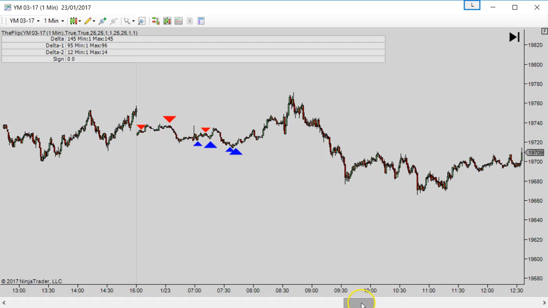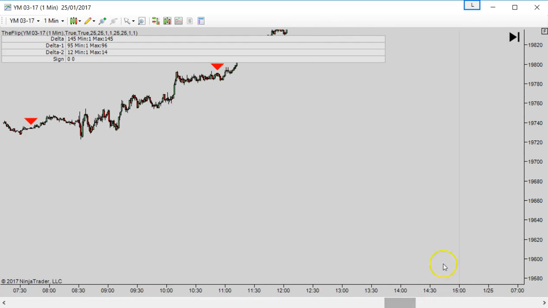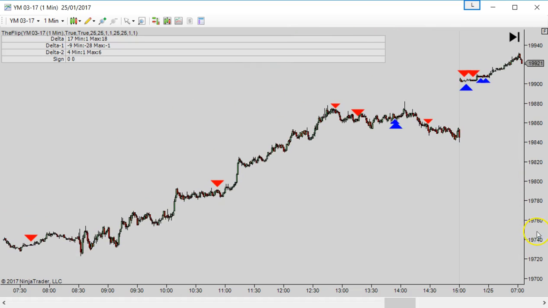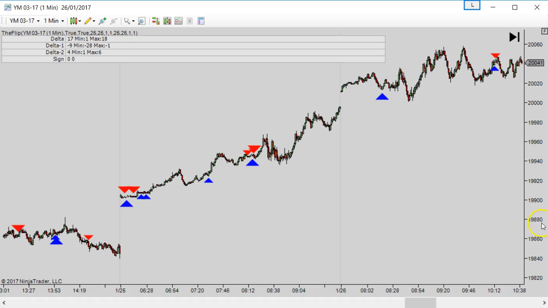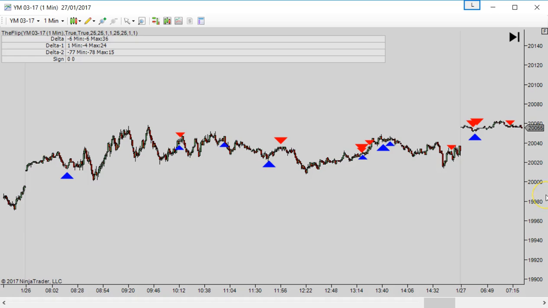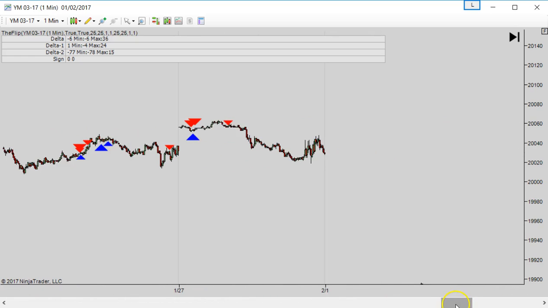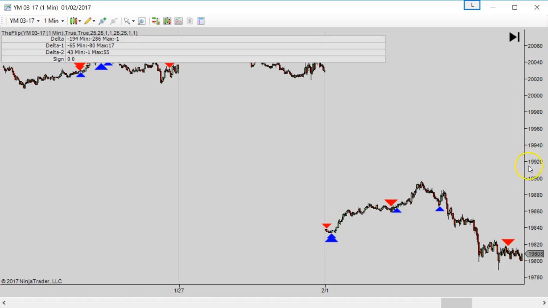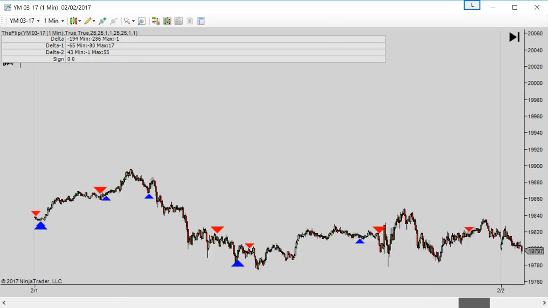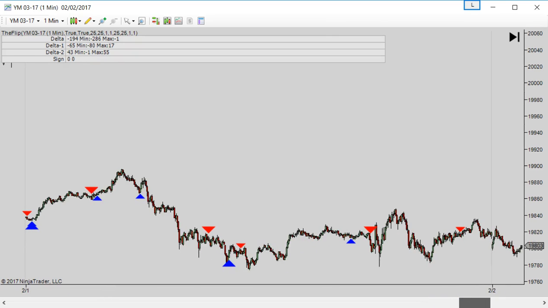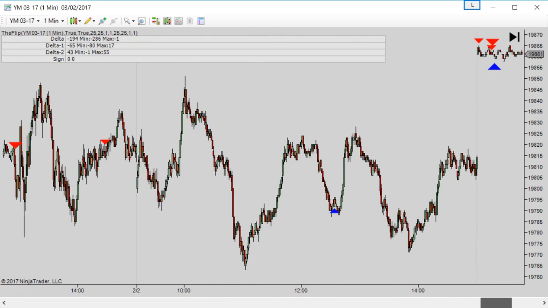Here, nice one. These little areas like this, right ahead of the move.